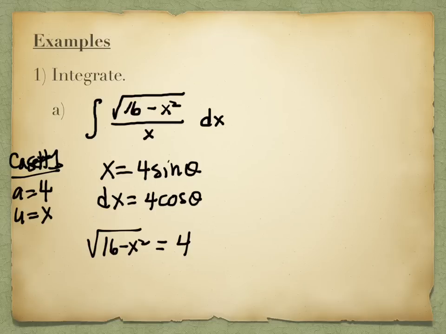For cosine of theta. And the fact that the dx and the derivative there are the same does not always happen. But right here, when I was doing the notes, the top told you a squared minus u squared, and when we got to the bottom of all the analytical stuff, or all the graphical stuff, we found out that this square root was the same as a cosine theta.